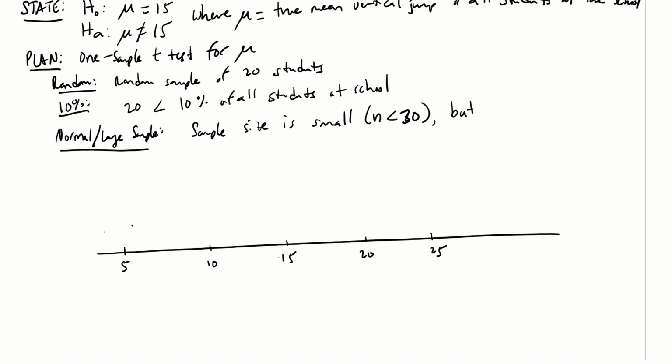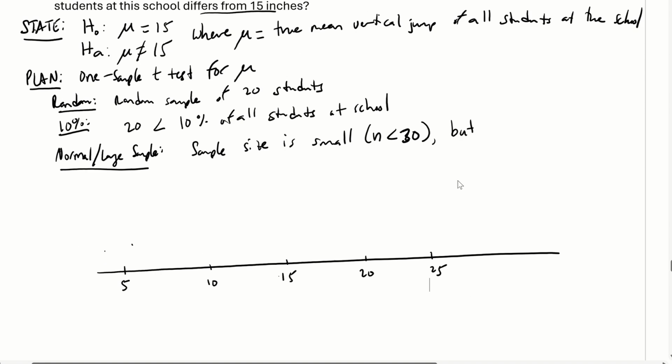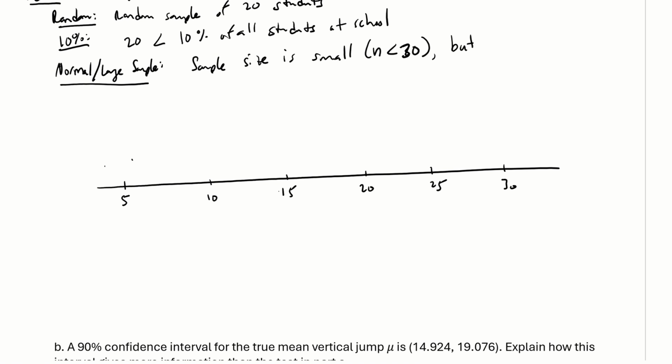There. And then the highest is in the 20s. Yeah, 26.5. So we'll go up to 30. And then technically we're going to go by 0.5s here. So that's going to be 1, 2, 3.